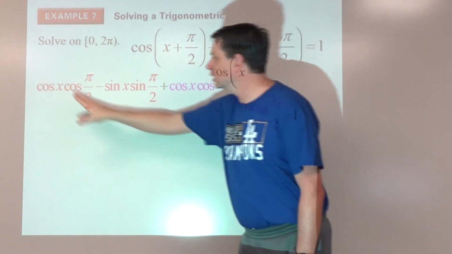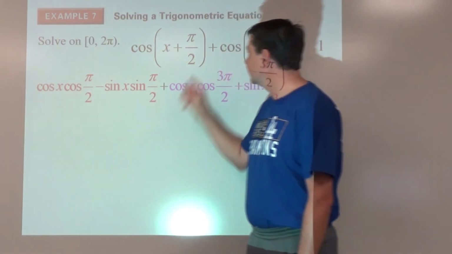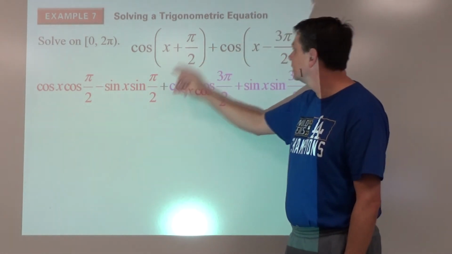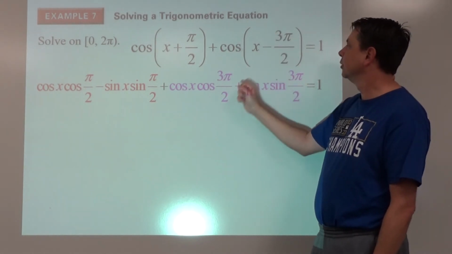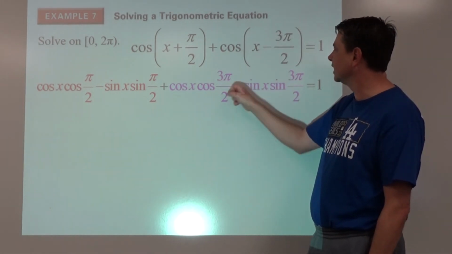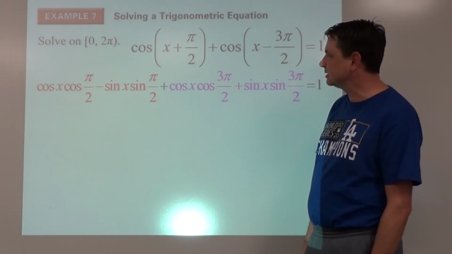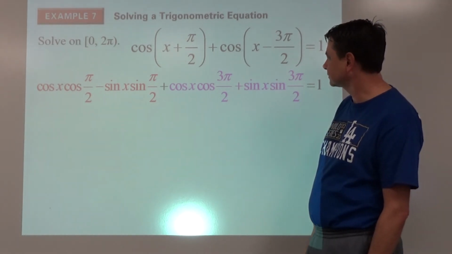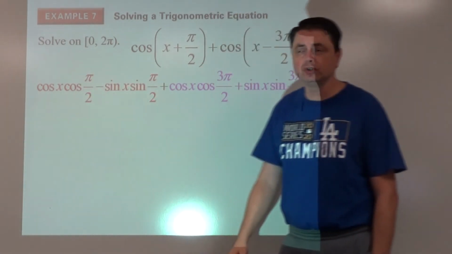So here's our first one, cosine u cosine v minus sine u sine v plus, same thing here, cosine u cosine v plus, that's minus plus sine u sine v, all equal to 1. Let's see what happens. Well, what's the cosine of pi over 2?